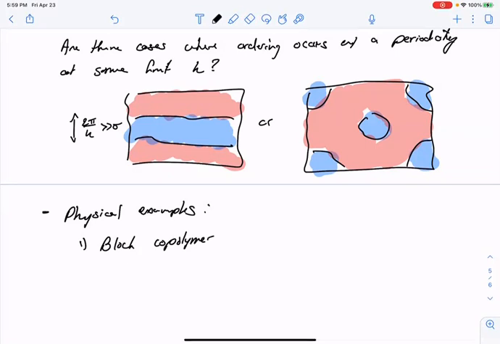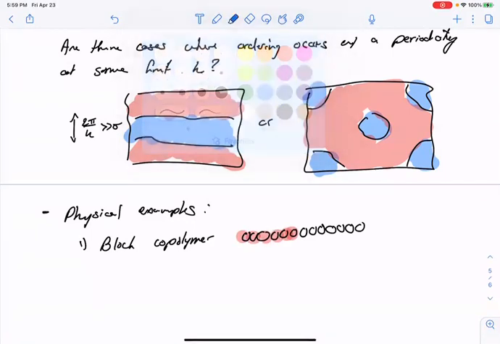A block copolymer is such that individual monomers are covalently bonded together. Imagine that some of those monomers were one color and some of those monomers were another color. If the individual monomers, blue and red, would, under normal conditions, want to phase separate, but owing to their covalent bond cannot, they will form one of these orderings at finite wave vector.